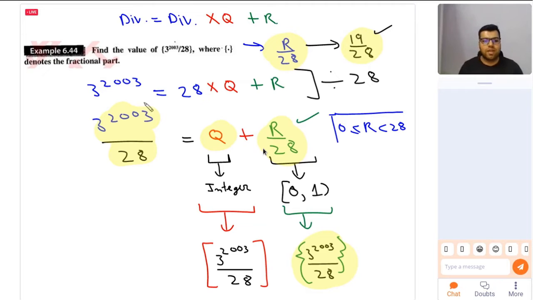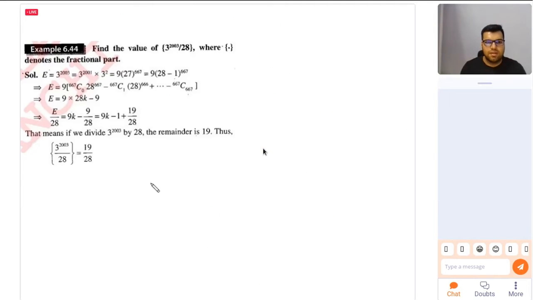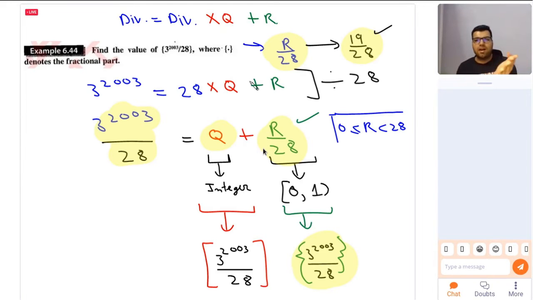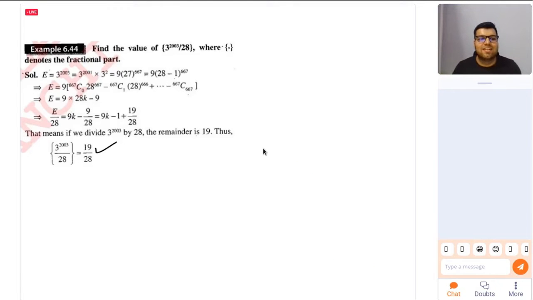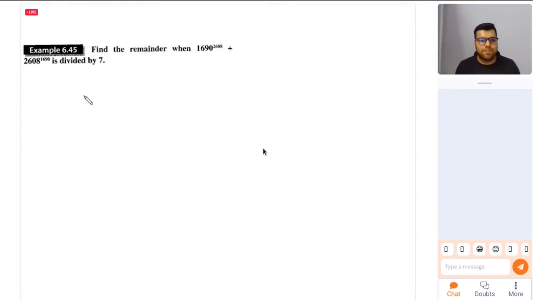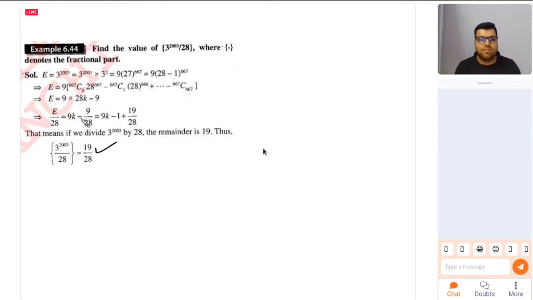I am explaining again why the remainder by 28 comes when we take the fractional part: dividend is equal to divisor into quotient plus remainder. So 19 by 28 was the answer. Let us proceed now. I hope for everyone it was clear.